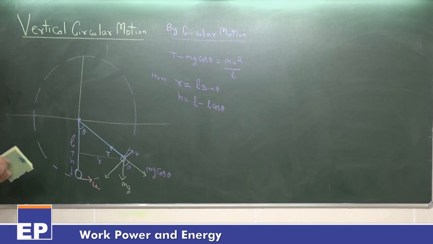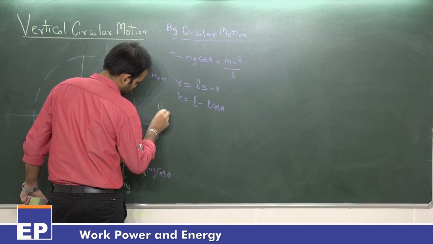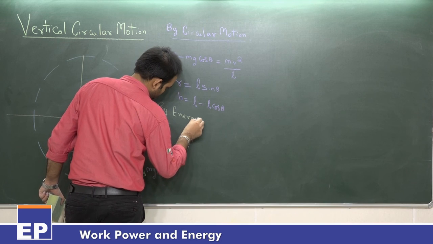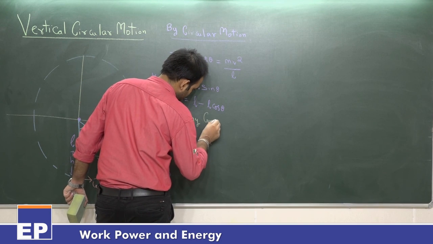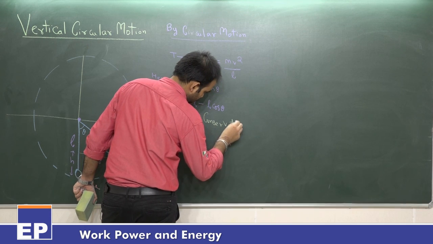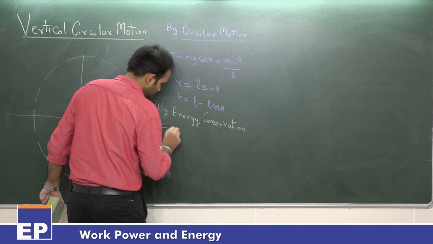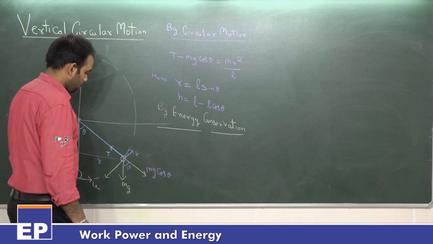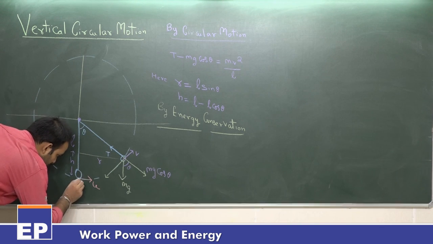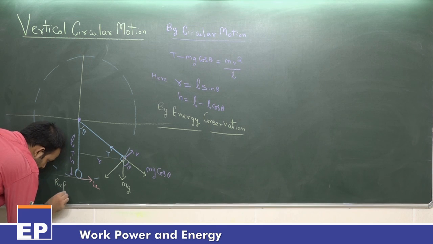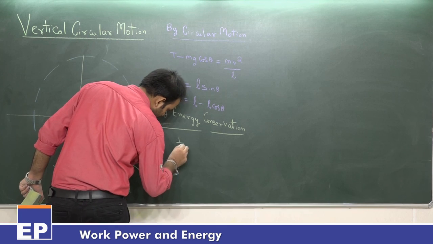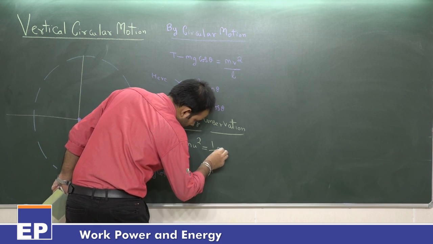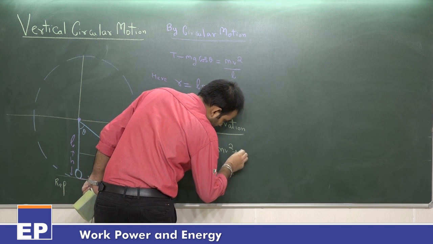So by conservation of energy, we can say its kinetic energy is how much? Half m u square. Let's say this is the reference. Half m u square is equal to half m v square plus mg into h.